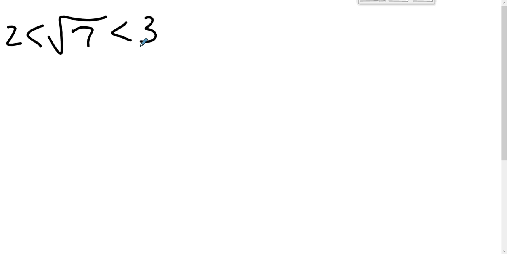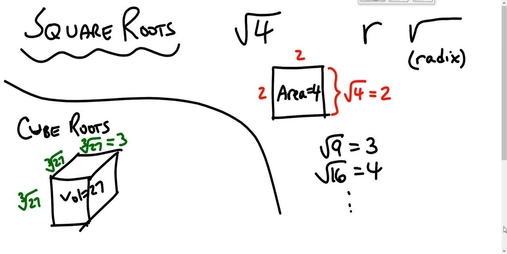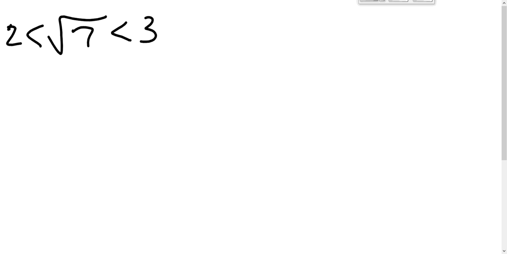Is it a fraction? What kind of number is the square root of 7? Is it a fraction? It would seem reasonable that it's a fraction, because these are all nice whole numbers. But is it?